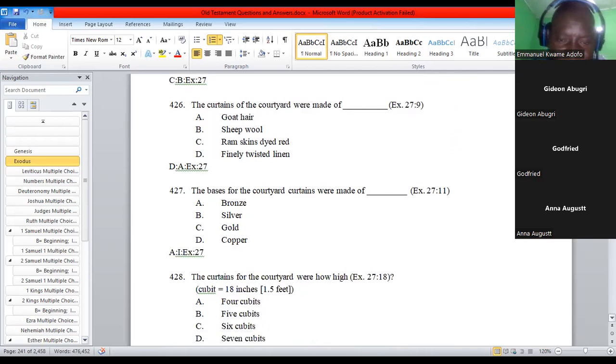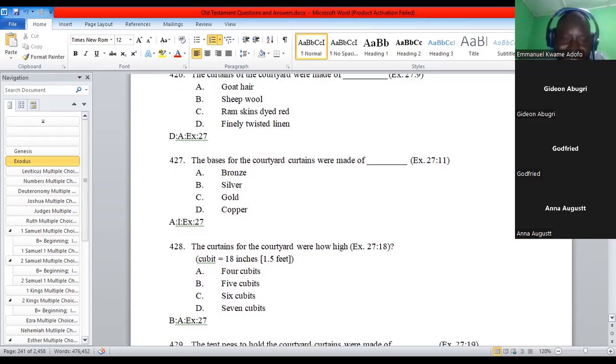The curtains for the courtyard were how high? Verse 18. We have answered one part, so the second part has come. When you answer the 100 and the 50, how high is it? 5.